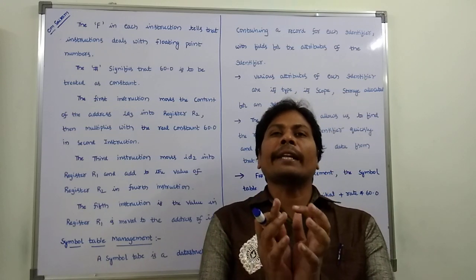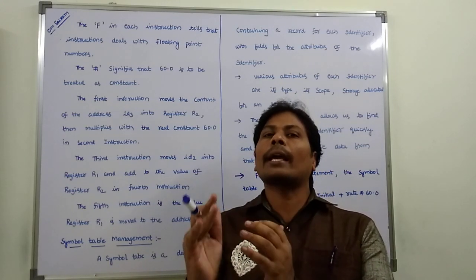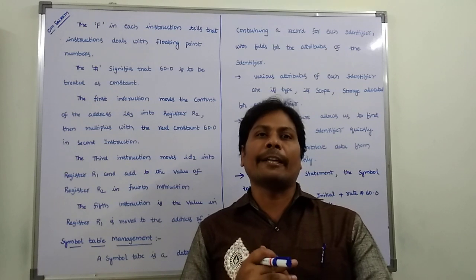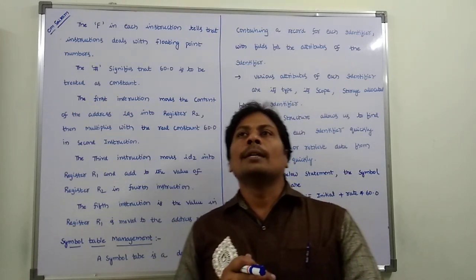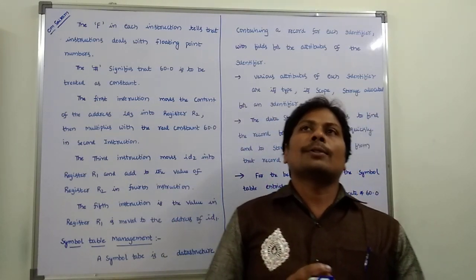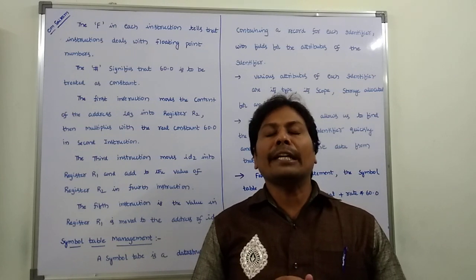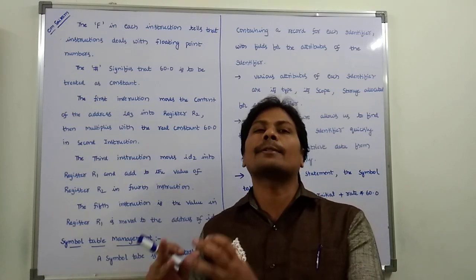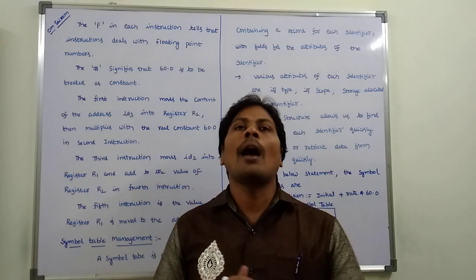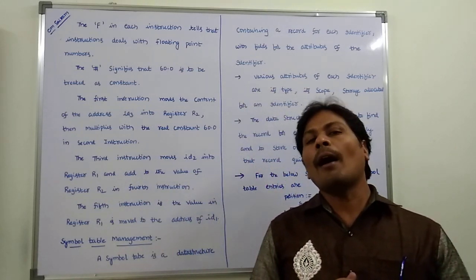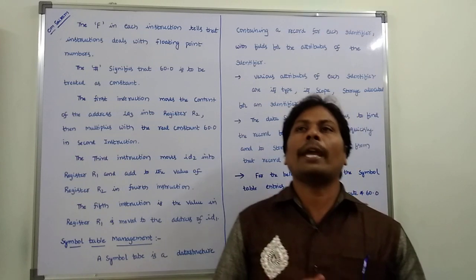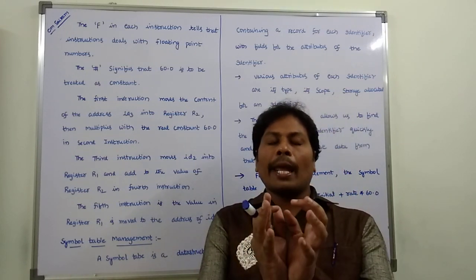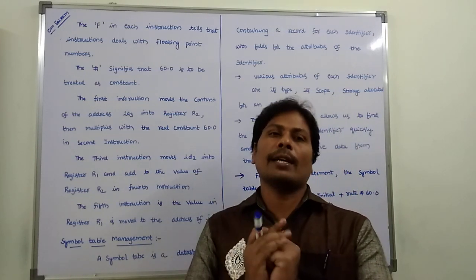Each and every record can be allocated for an identifier. Each and every identifier has some fields. In those fields we have to store the attributes of the identifier. So a symbol table is a data structure.